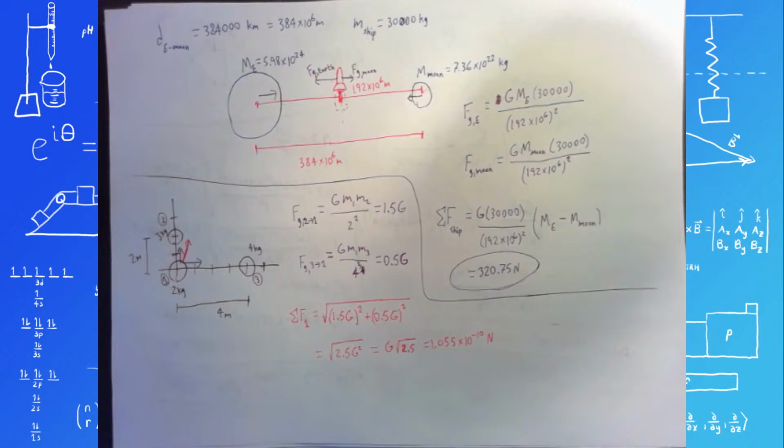Very, very, very tiny amount of force. Less than a billionth of a newton. A little more than a tenth of a billionth of a newton. That's the scale we're working at.